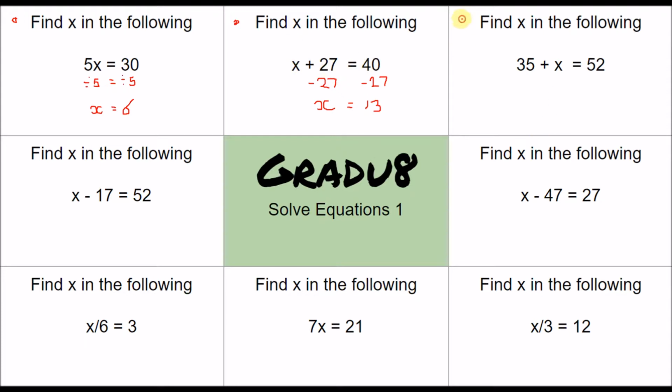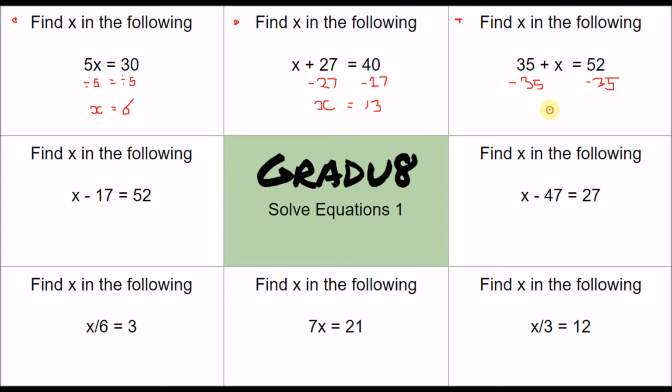Over to this question over here, very similar but laid out slightly differently. It doesn't matter though, you want to get x on its own, so think about how you get rid of this 35 here. We haven't put a positive sign in because we don't really need to, but remember it is positive. So the inverse of that positive would be a negative, and then we're going to have that same negative over here. Apologies for the handwriting.